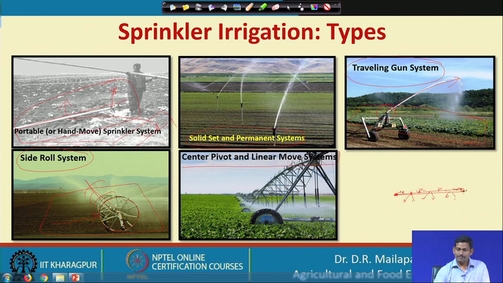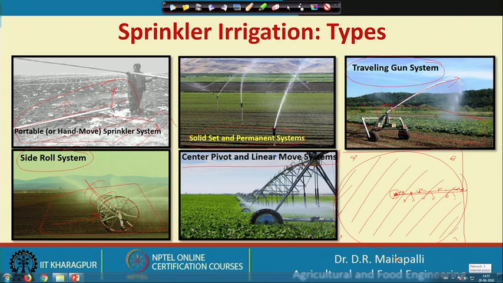The center pivot is fixed and the entire thing is going to move in a circular direction. So if you have a rectangular piece of land, this portion is going to be irrigated and the corners are not going to be irrigated. This is the one limitation with the center pivot system.